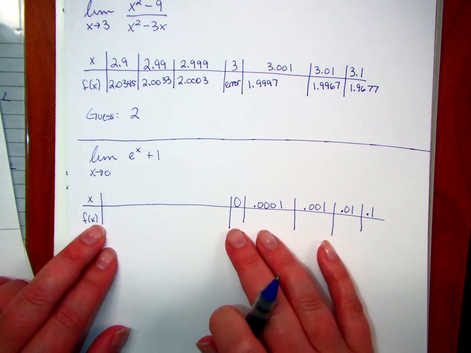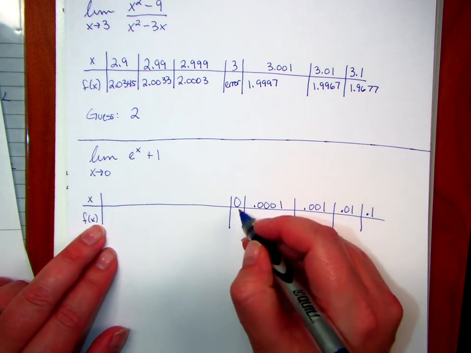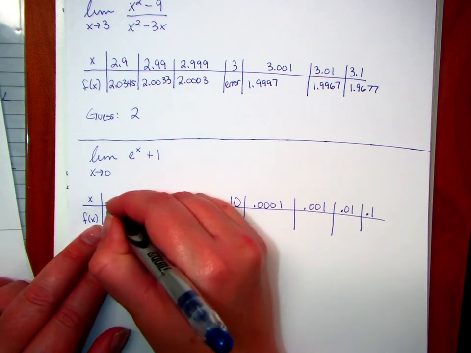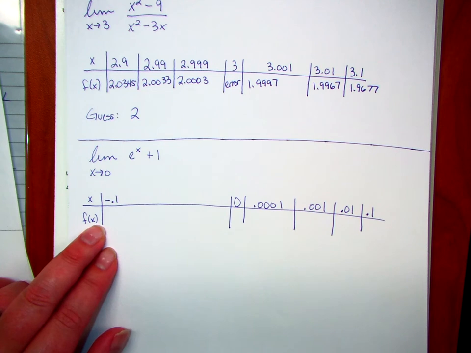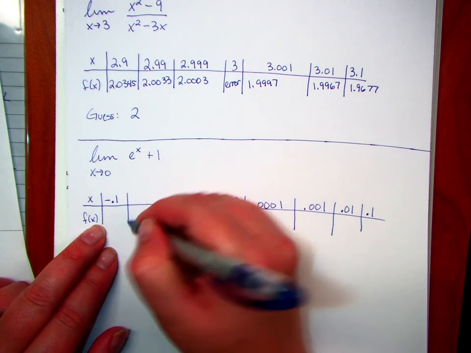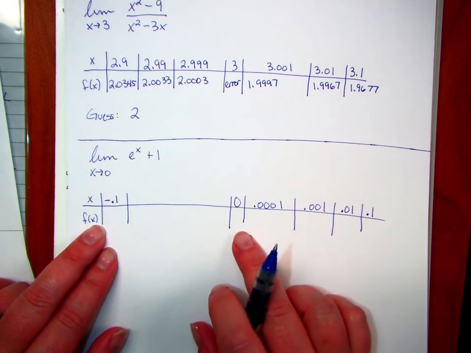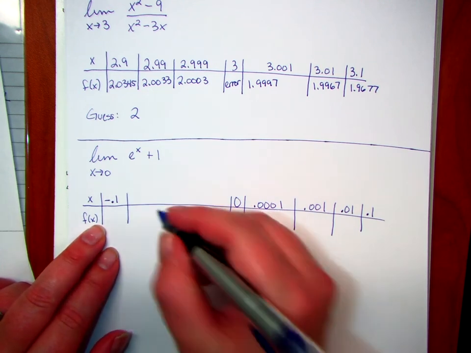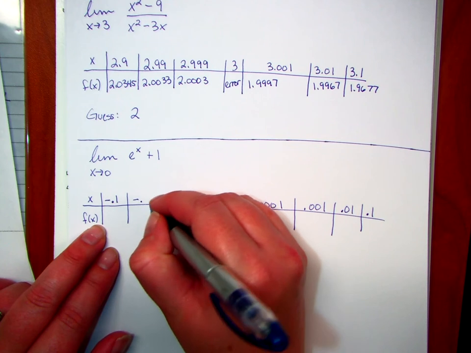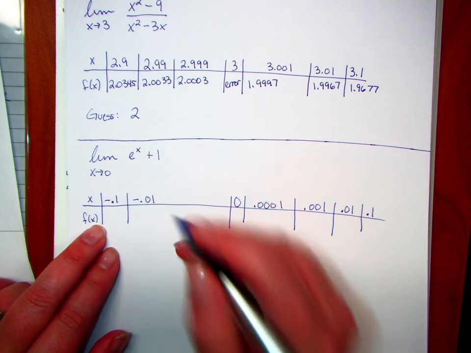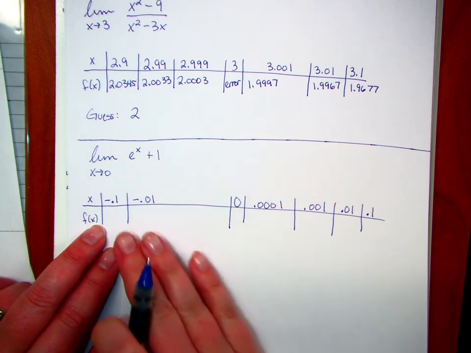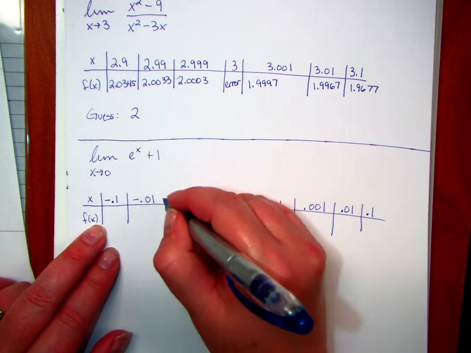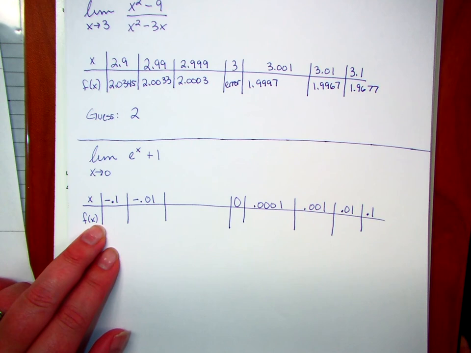Now on the negative side, if a 10th away from 0 is negative 0.1, right? And if I want to get 100th away from 0, if I subtract 100th from 0, I'm going to get negative 0.01, right? Because we want it to approach 0, right? Negative 0.9 is close to negative 1, just FYI.